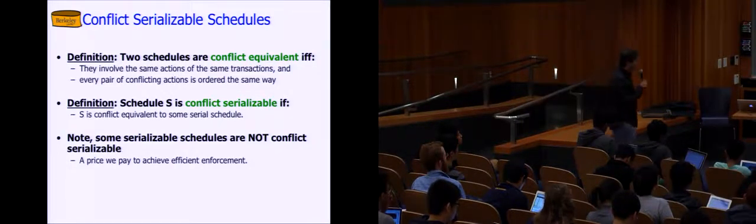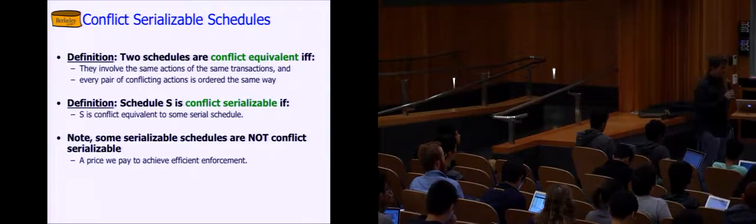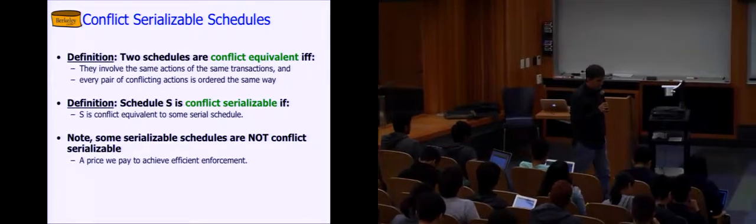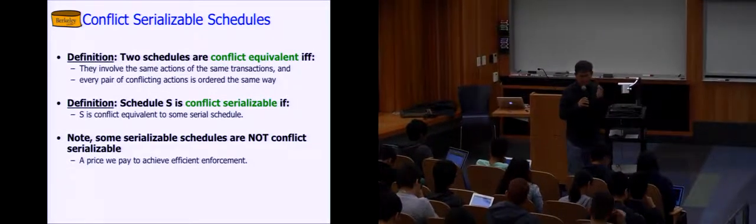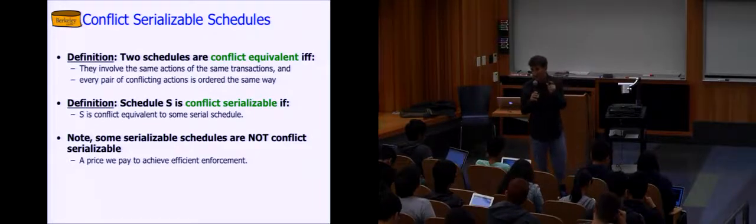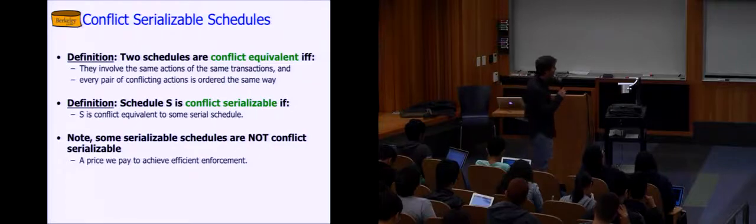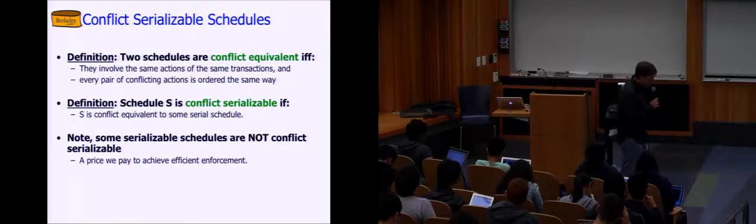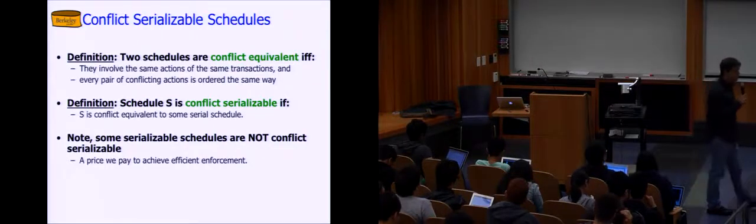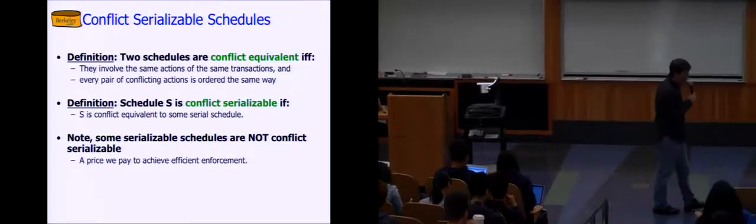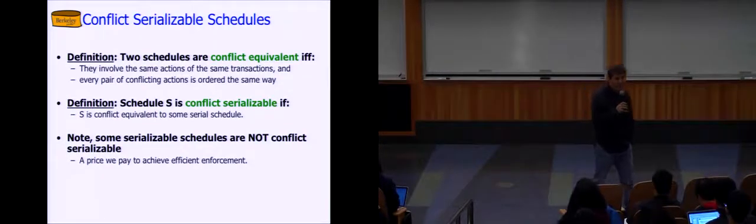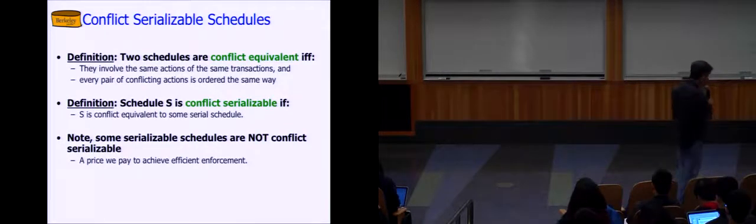Now, this is something we're actually going to be able to enforce or test at the implementation boundary, because this is just the definition with regard to reads and writes. We'll be able to look at individual reads and writes and reason about them. What I'll say, though, is that it's a narrower definition than the serializable schedule. So there are serializable schedules we would be happy to have that are not conflict serializable.